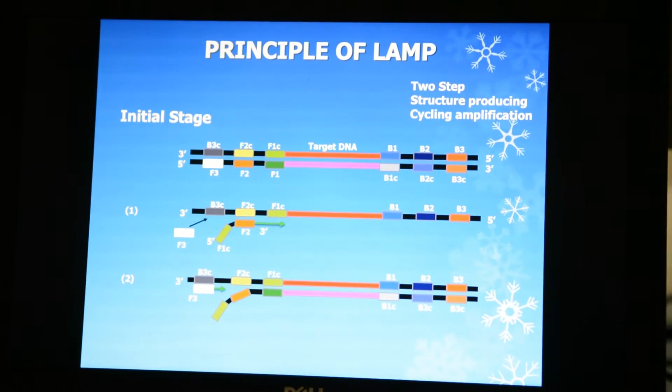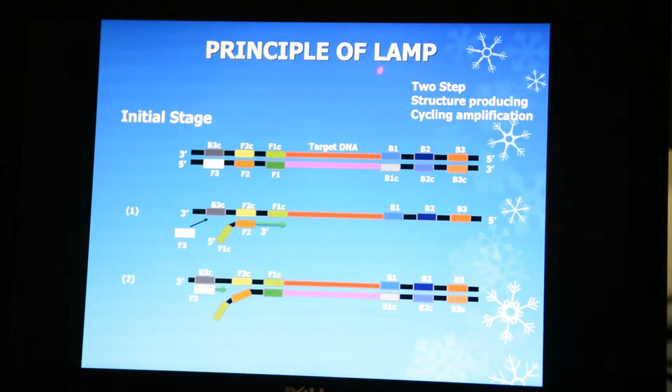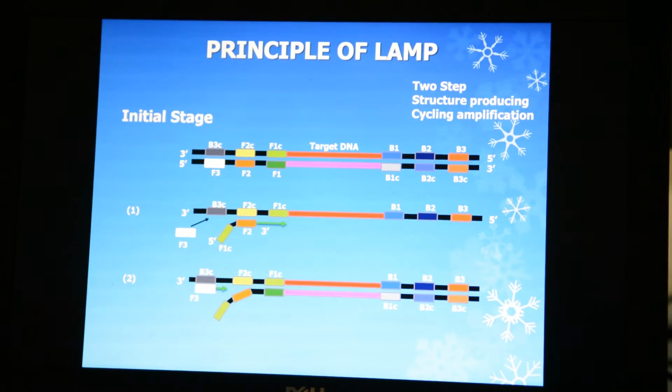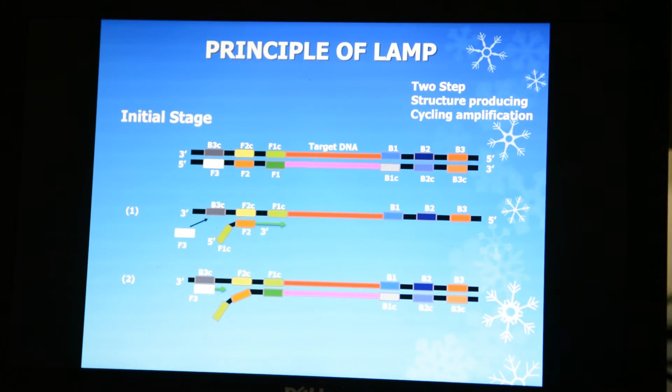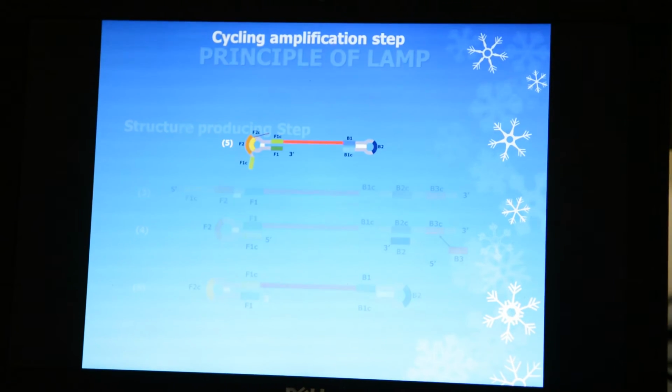There are various methods for disease diagnostics in plants as well as in animals. There is a method called LAMP, that means loop-mediated amplification of nucleic acid, and this method relies on the formation of loops at the end, where you can see the principle right now here.